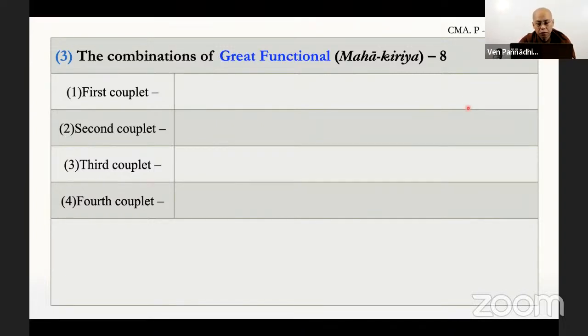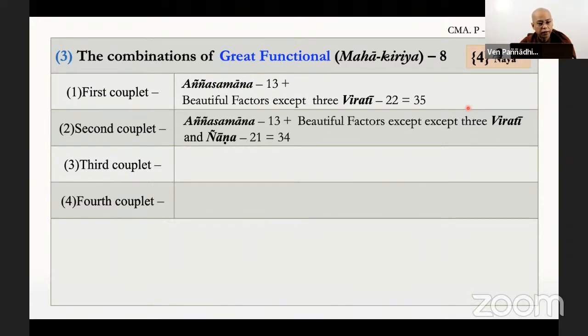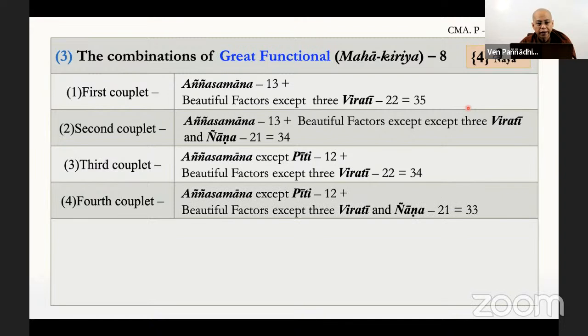For the first couplet, how many? 35. 35 only, because here in the great functional, Virati is already an exception. So 35. And second? 34. 34 without ñāṇa. And third? 34. 34 without pīti, with ñāṇa. And for the fourth? 33. Great. So what about the functional?